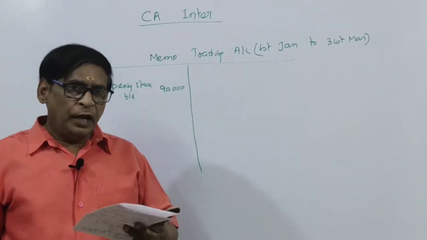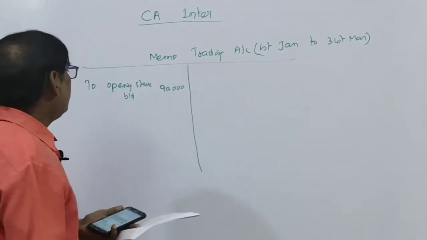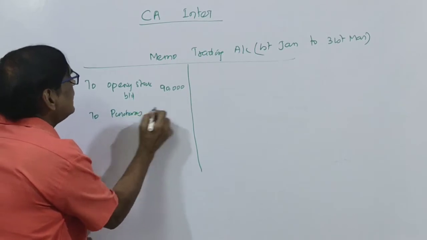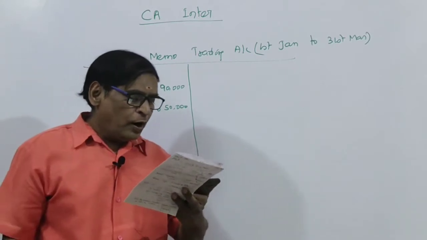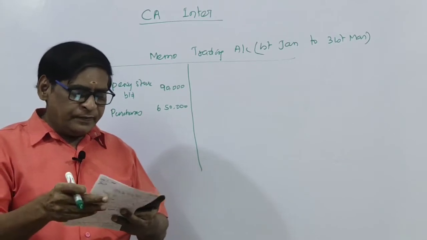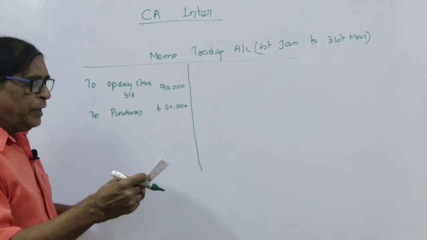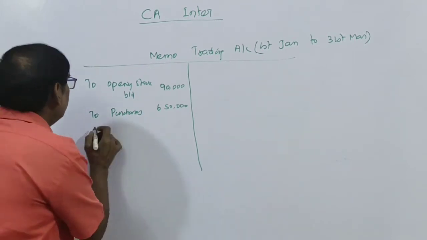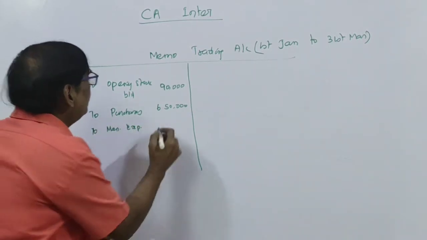The purchases are given as 6,50,000 rupees, so you can enter it to purchases. Apart from that purchase, there are manufacturing expenses of 70,000 rupees for the period 1/1/2012 to 31/3/2012.